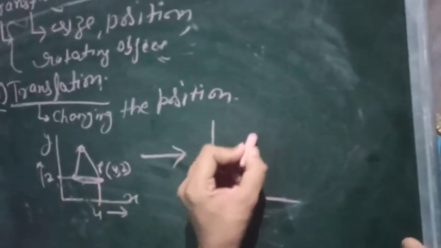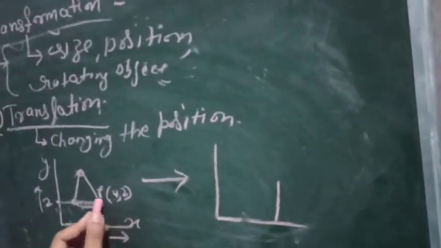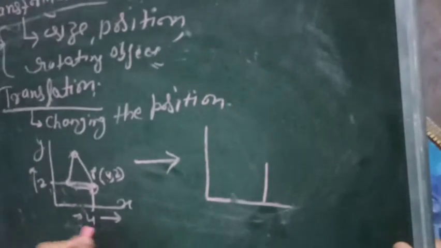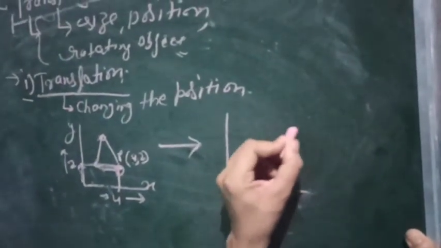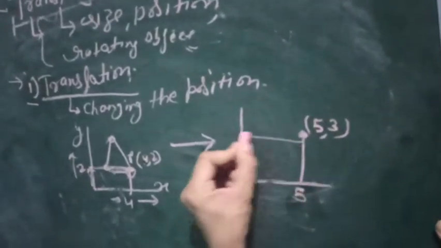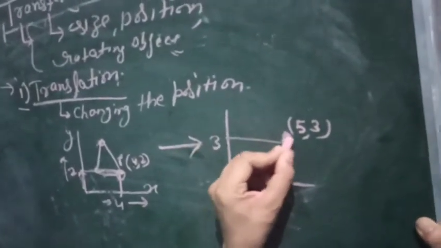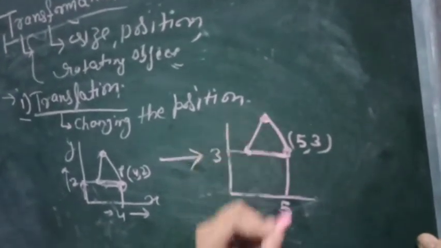Suppose we have added some quantity in the x direction and some quantity in the y direction, and now we have the point 5, 3, and the same applies to the other points also.